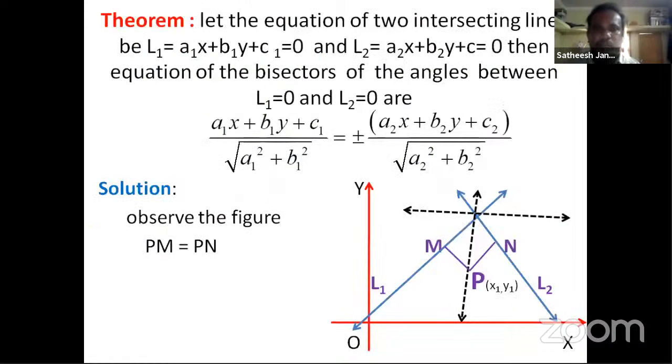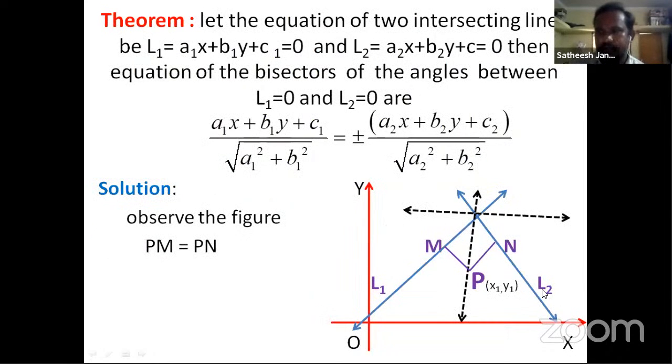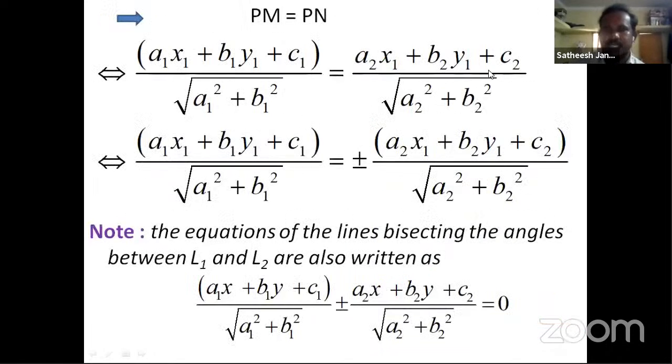Okay. What is the perpendicular distance formula? Where P is (x1, y1) and the line is a1x plus b1y plus c1, what is the perpendicular distance? That is (a1 x1 plus b1 y1 plus c1) by under root of a1 square plus b1 square. What is the formula for the perpendicular distance from the point to line L2? We know the formula: (a2 x1 plus b2 y1 plus c2) by under root of a2 square plus b2 square.